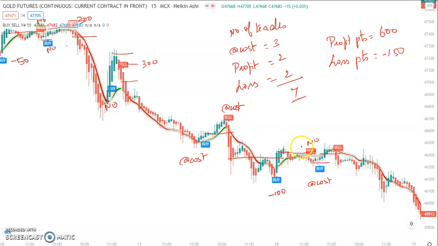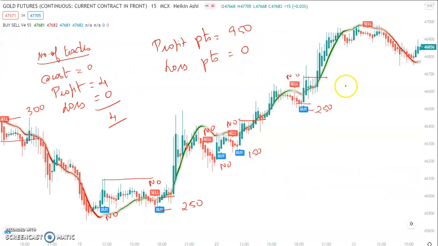For the period from 16th Feb to 19th Feb, 7 executed trades, 600 profitable points and minus 150 we lost. For the period from 18th Feb to 23rd Feb, total points we made is 950.